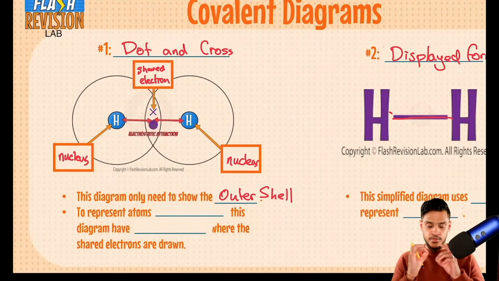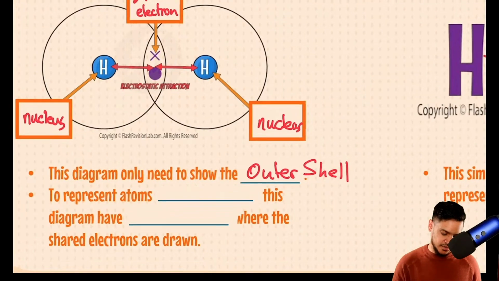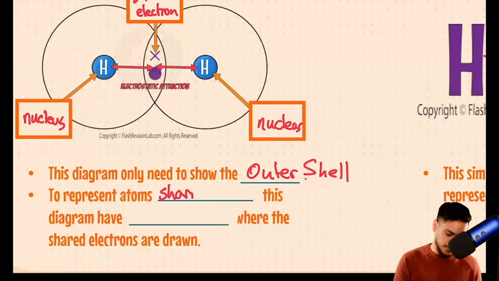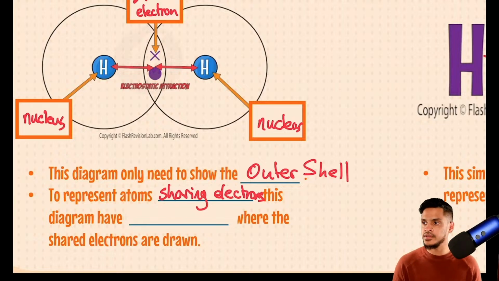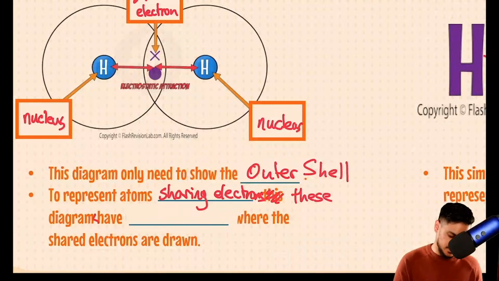Wherever they overlap, in between the overlapping sections, that's where the shared electrons are. So to represent atoms sharing electrons, these diagrams have overlapping shells.